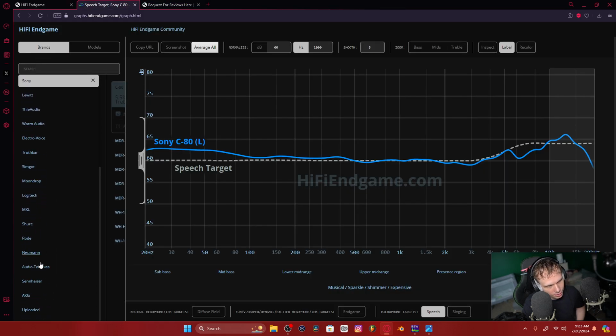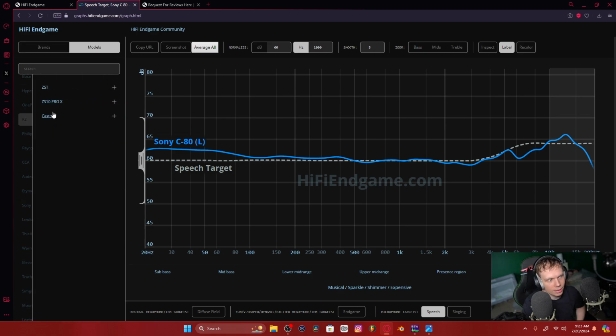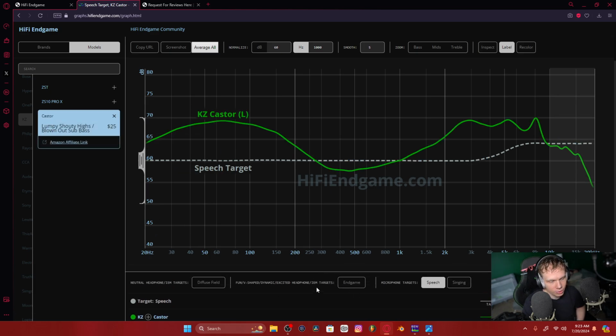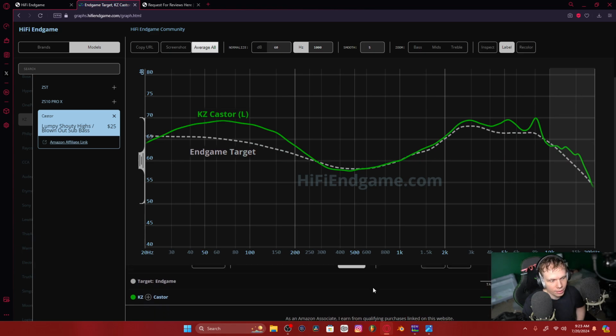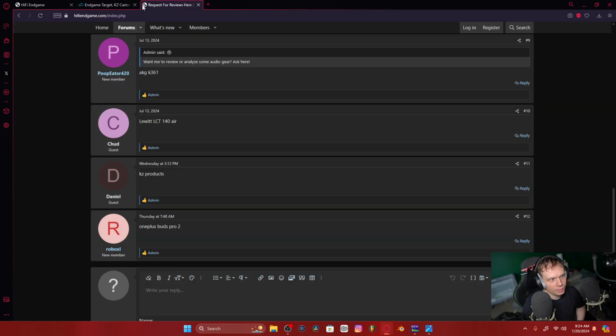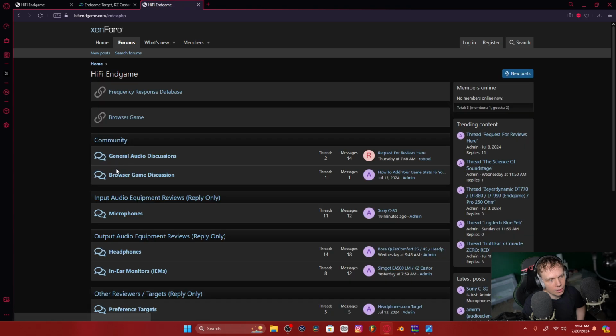So I did look at some KZ products, and I was actually pretty shocked by the Caster. We have to change our target to a headphone or IEM target. And then we can flatten our target, and we can see there's some problems. I think I actually reviewed this thing, I just didn't link to it yet on the database.